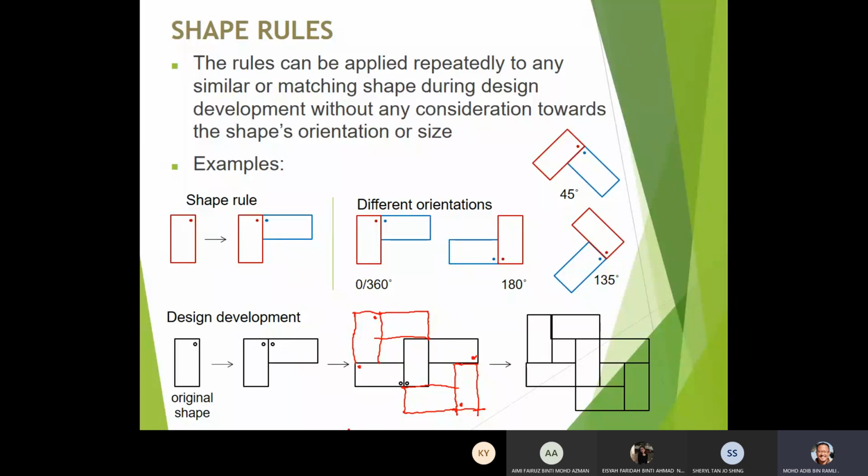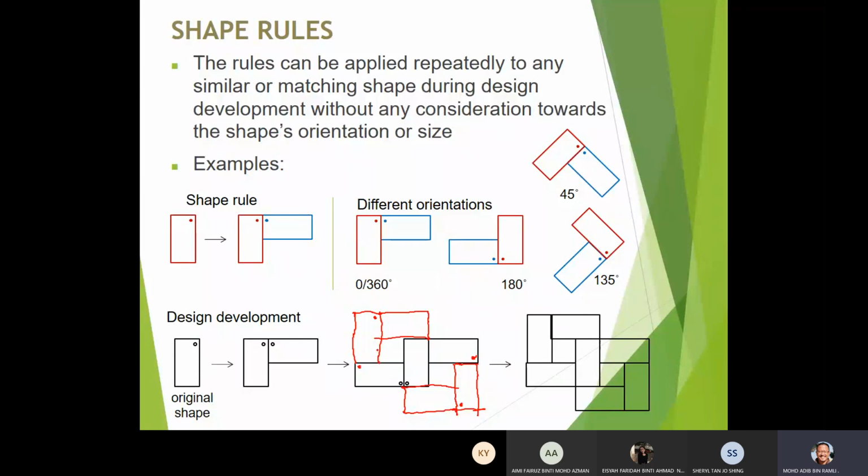Right? Understand? Any question so far? No. Okay. As I mentioned here, you can keep repeating. You can apply the rules again and again to all the available shapes, all the shapes that you can see, which are similar to the rule. If suddenly you have a triangle, but there are no rules on the triangle, then you cannot do anything with the triangle.